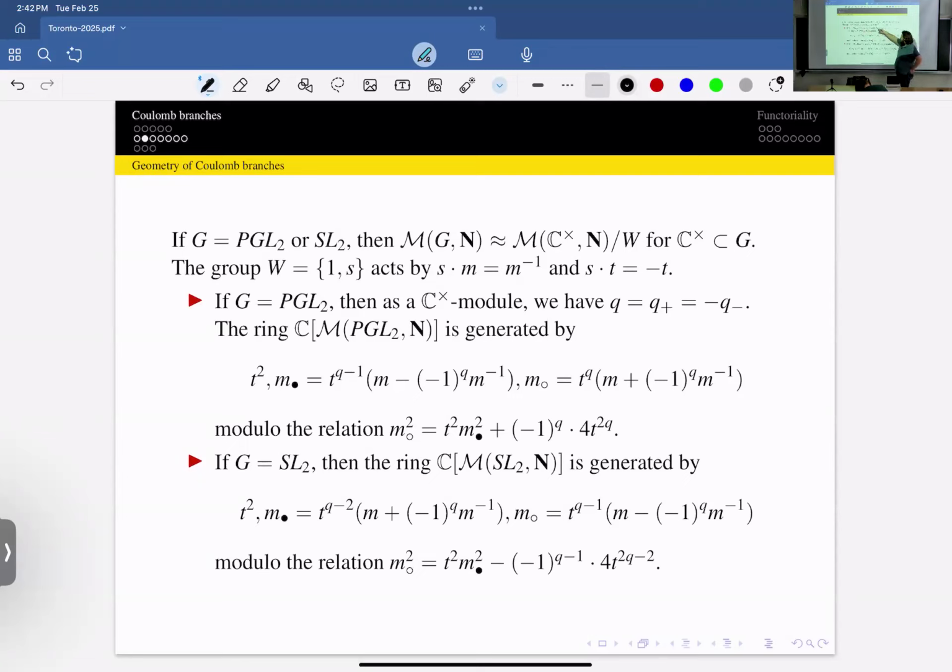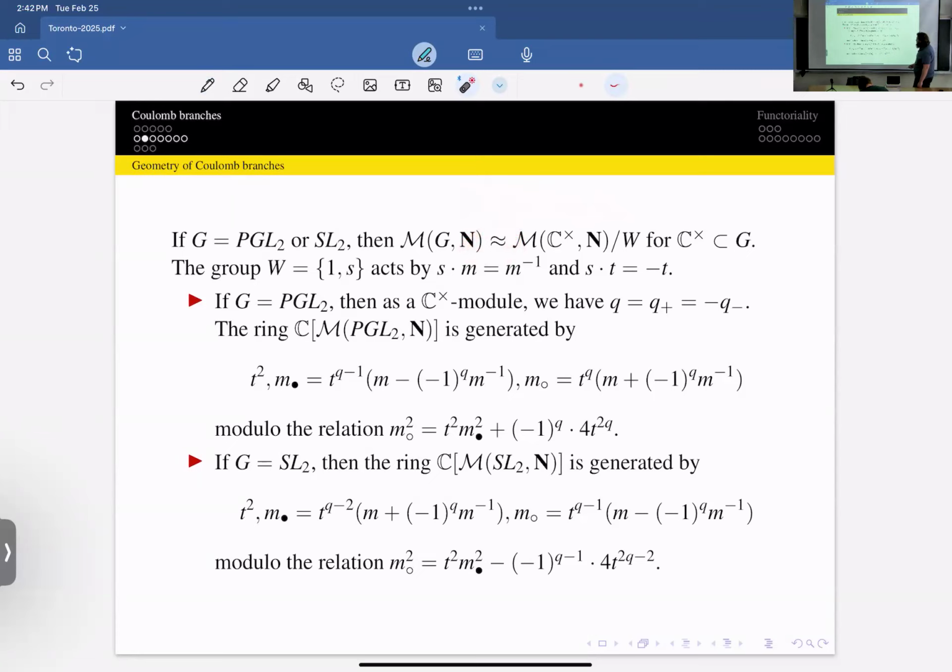It acts on co-characters by the multiplicative action, by sending M to M inverse, and it acts on T by the additive action, right? This is a co-character, this is an element of the Lie algebra, so the element of the Lie algebra gets negated. All right, cool. There's an approximation here, because these guys are birational, but they're not isomorphic. It's not exactly the quotient.